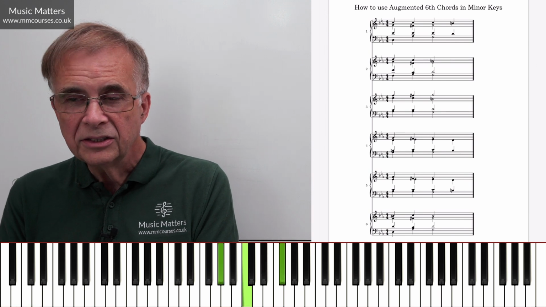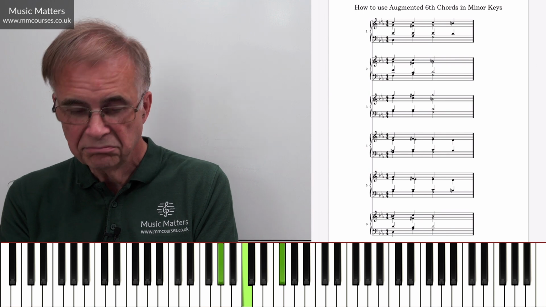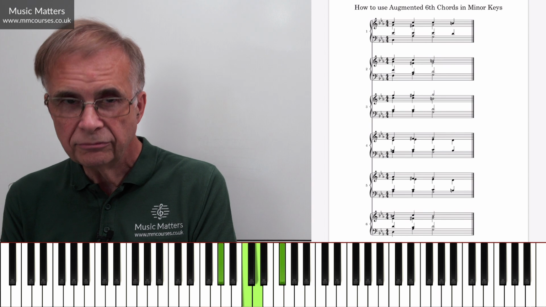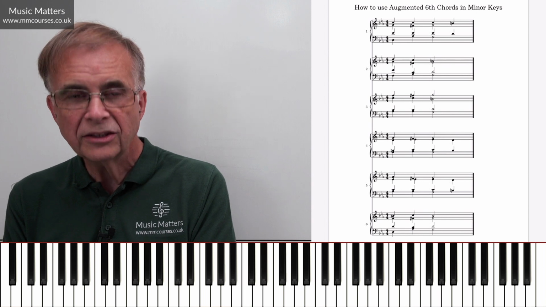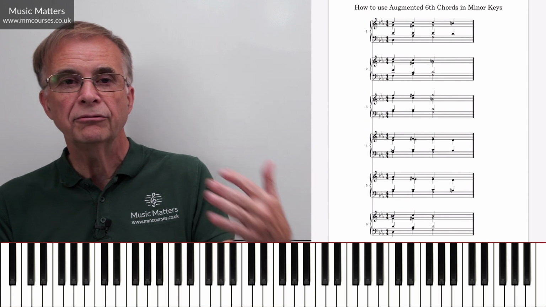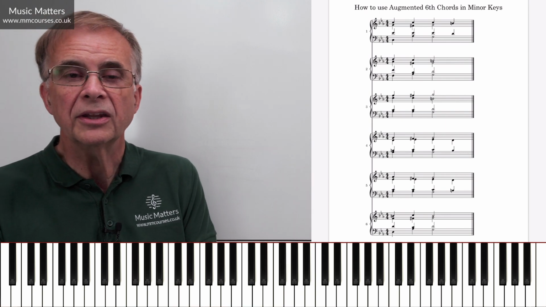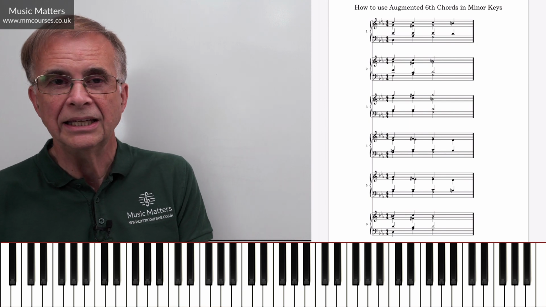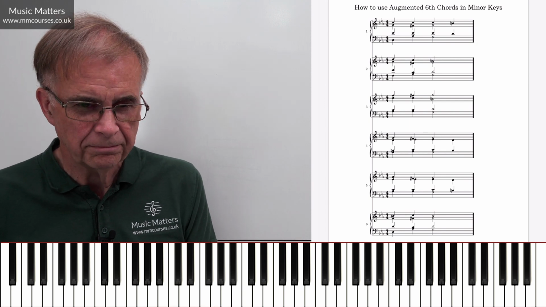So generic chord and Italian, add the augmented 4th, French, or add the perfect 5th, German. So the Italian, French and German 6th. So that's how we form the chord, and that recipe will work in any other minor key as well.